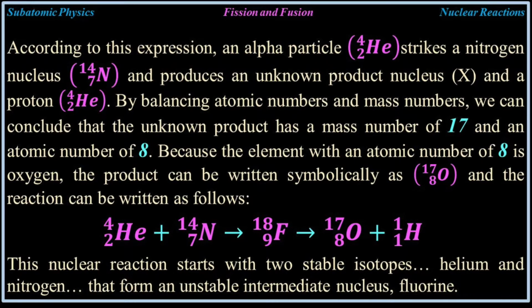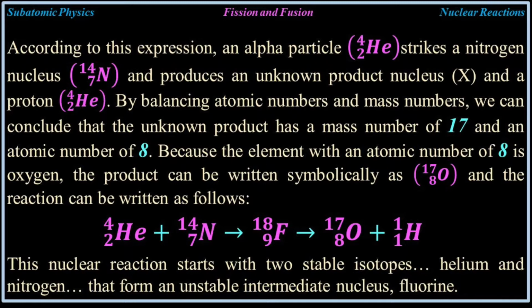According to this expression, an alpha particle strikes a nitrogen nucleus and produces an unknown product, nucleus X, and a proton. By balancing atomic numbers and mass numbers, we can conclude that the unknown product has a mass number of 17 and an atomic number of 8.